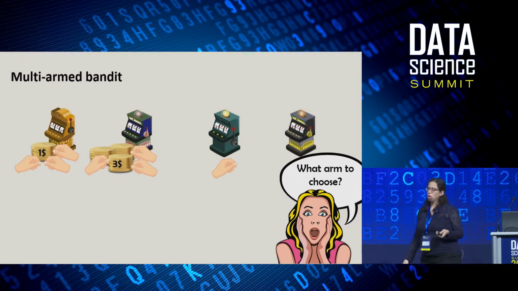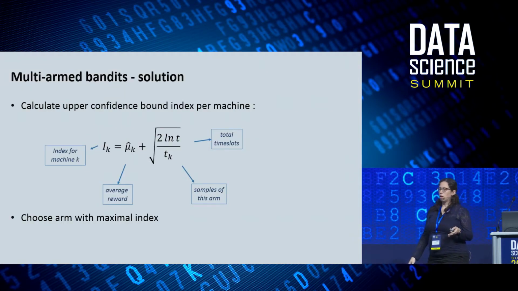And the solution is to use this formula. We can calculate a score, an index for each machine, and then choose the arm with the maximal index. This formula is a combination between my a priori knowledge about the machine, the average reward till now, and the second part is the upper confidence bound, which gives me a higher index to machines that haven't been checked enough before.